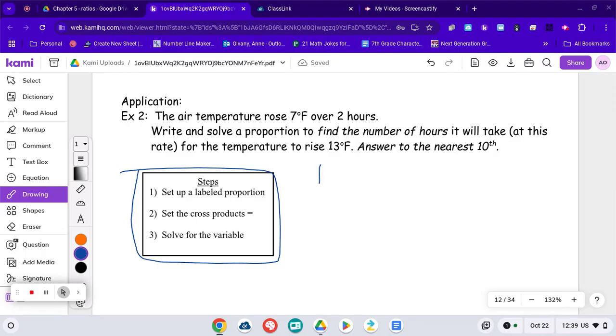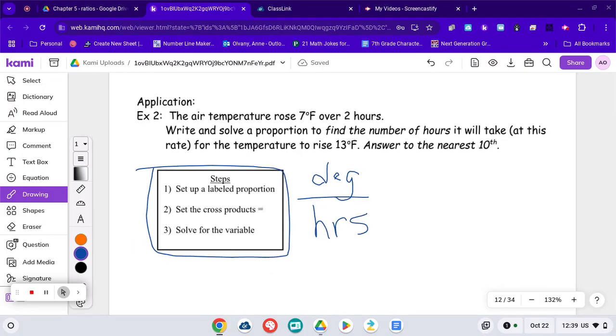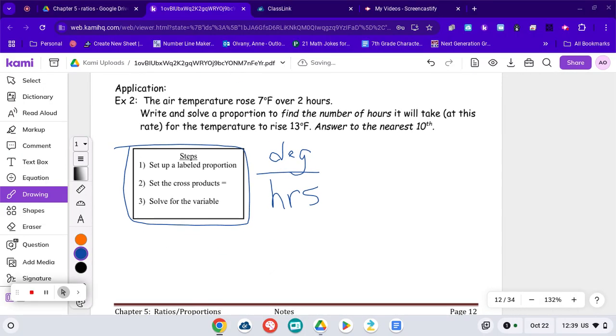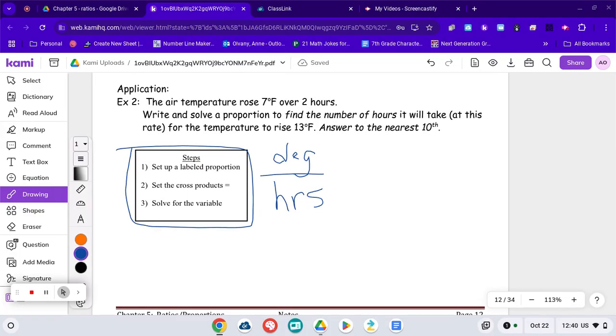That right there tells me that I'm comparing degrees to hours. And you do need to write that because as things get more difficult, that is going to be helpful. Now to start my proportion, I'm going to plug in the 7 degrees over 2 hours. And I know I'm going to have another ratio.